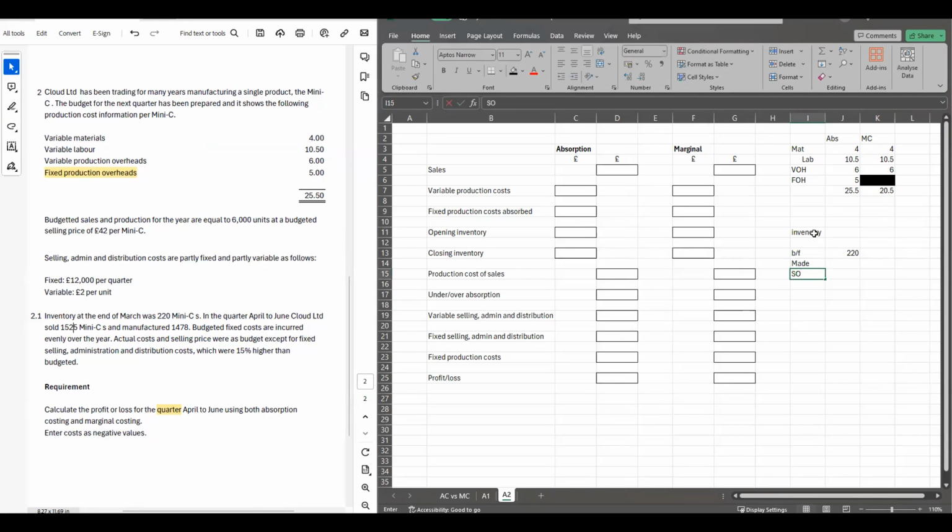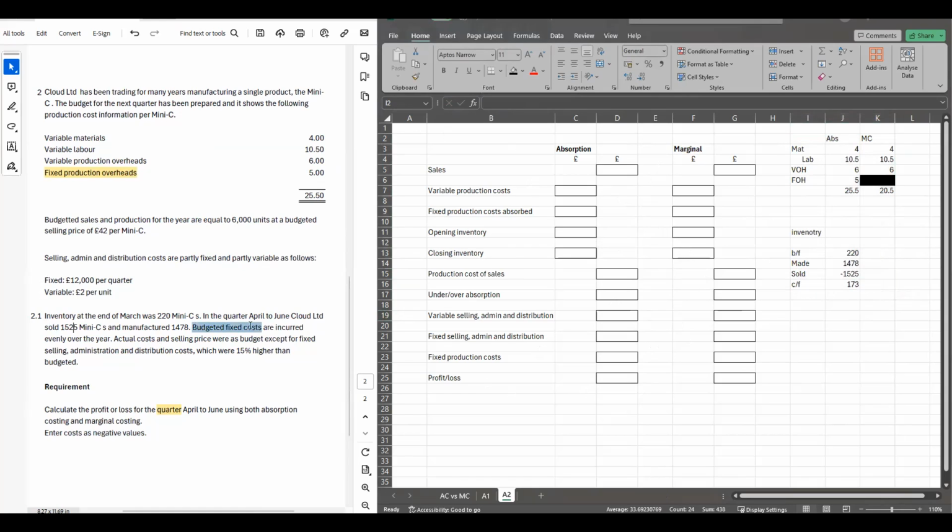So we've got 1,478 made and we sold 1,525. Then that allows us to work out our carry forward inventory, or closing inventory in terms of units. And again, just like the last question, we will come back and use both of these workings to pick up the relevant numbers for the relevant boxes.